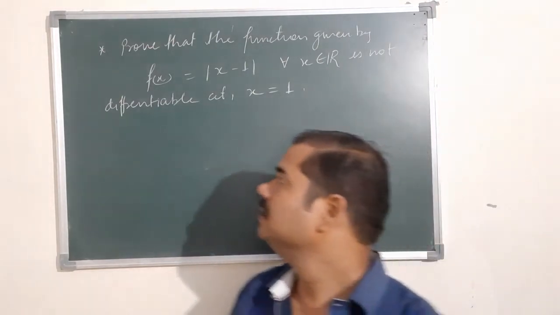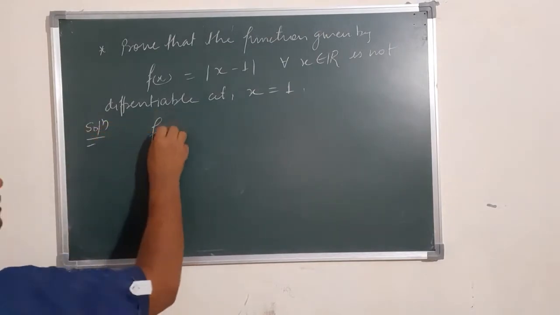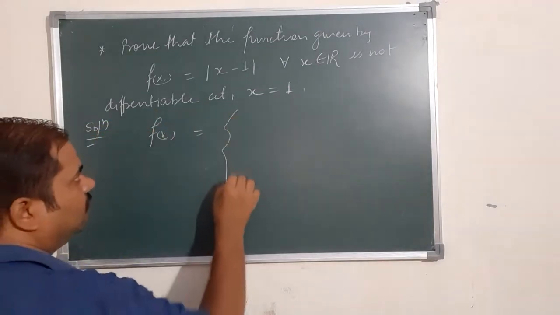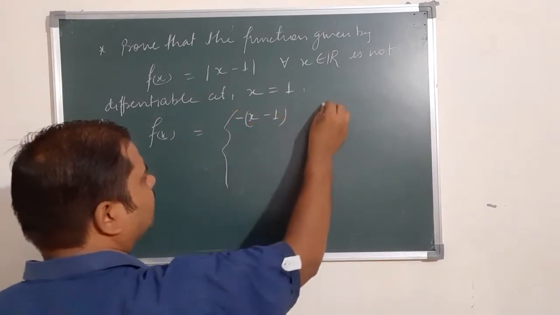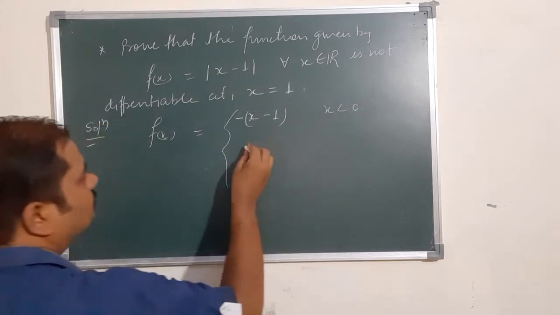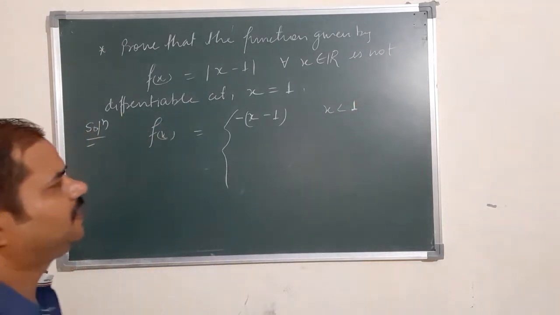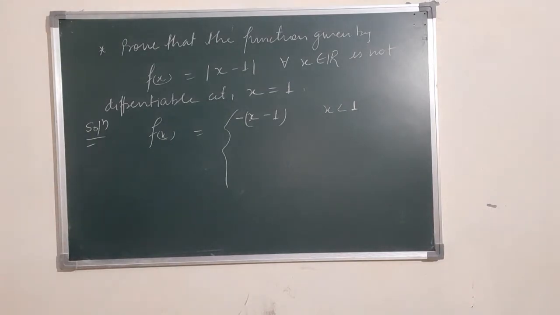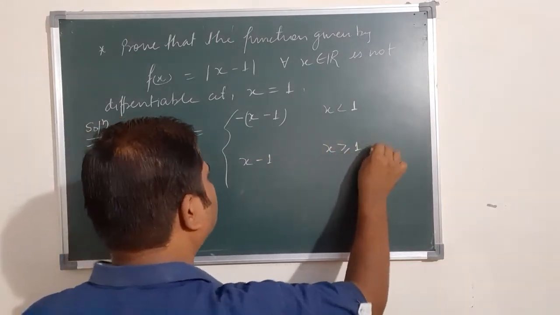Solution: first of all we define this function f(x) as: −(x − 1) if x is less than 1, and x − 1 if x is greater than or equal to 1.